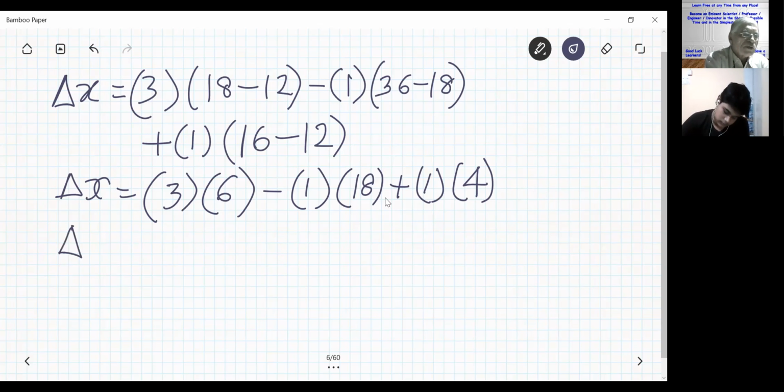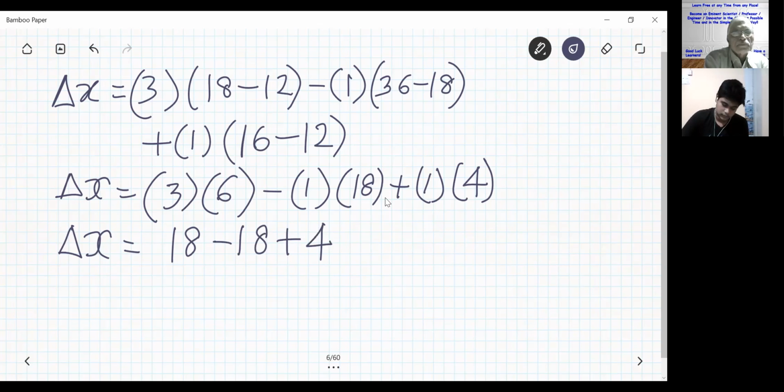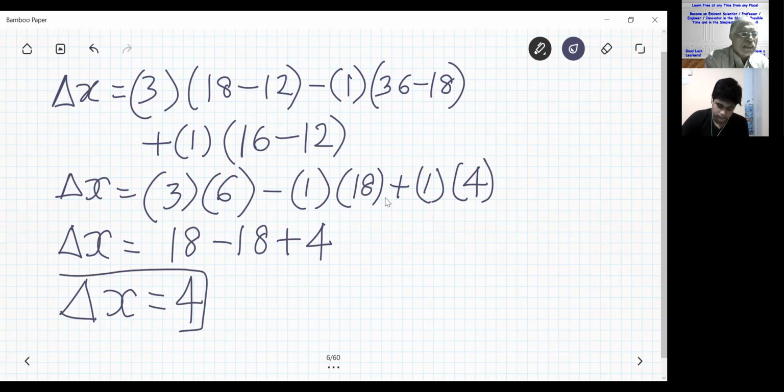So delta X will become 18 minus 18 plus 4. You will get delta X equal to 4.